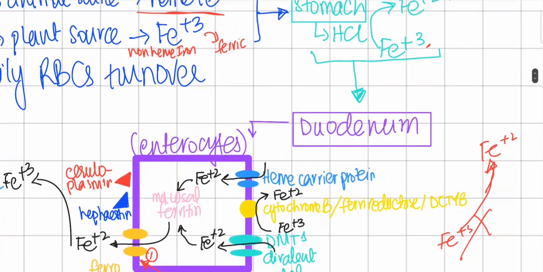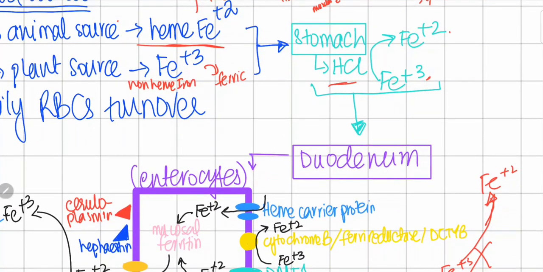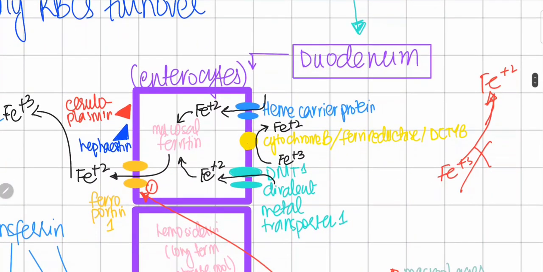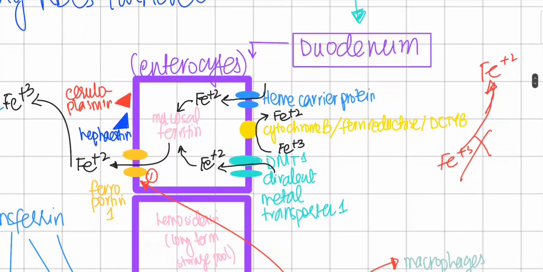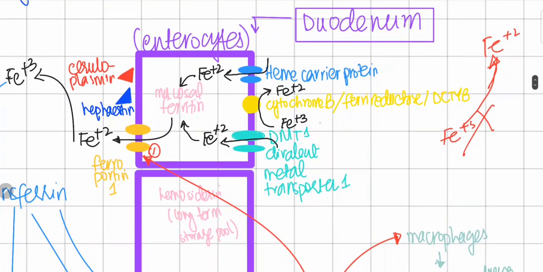Now, half of it has already been converted by HCl, but still there might be some that might be left. So on the brush border of enterocytes, we have cytochrome B, or it can be ferroreductase or DCYTB. These are the enzymes that convert Fe+3 into Fe+2.